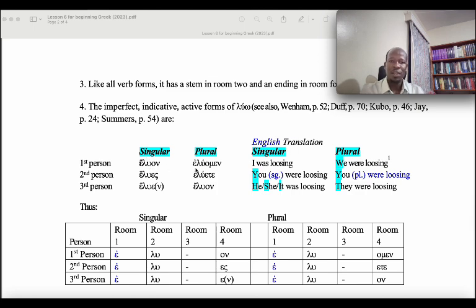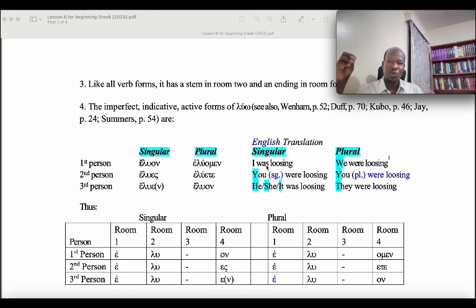Eluon, eluomen. The meaning is I was losing, and don't forget that the concept here is actually aspect, or the way the action is presented. Aspect has to do with the way the action is presented.